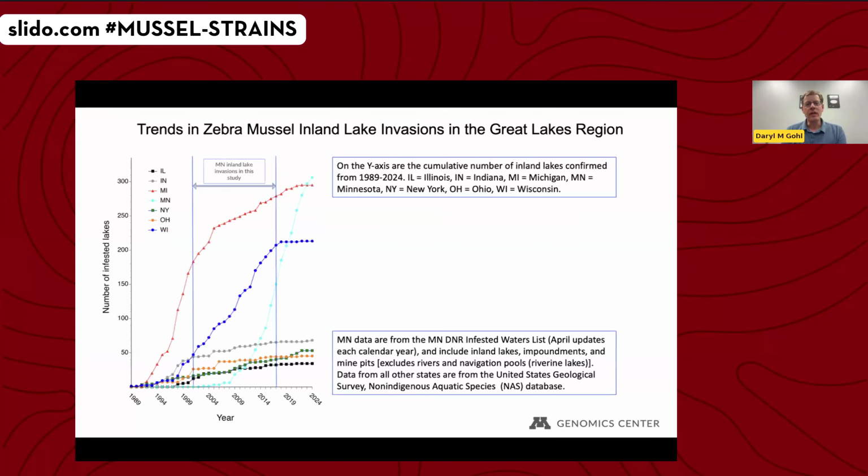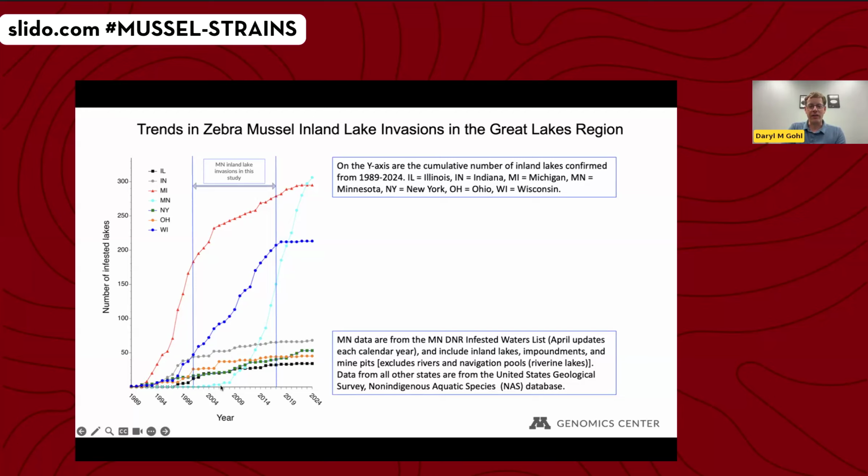The collections for this study focused on lakes that were infested prior to 2018. This is a plot that Mike made of infestations in various states throughout the Great Lakes region. What you can see is that Minnesota was delayed relative to New York, Ohio and Wisconsin, some of these other states that share more shoreline with the Great Lakes.